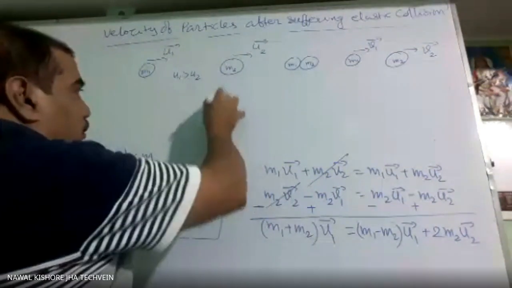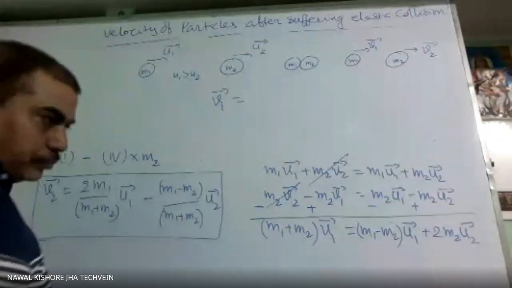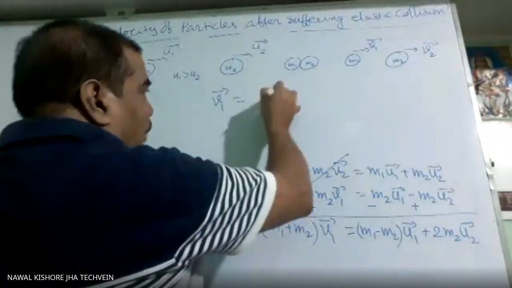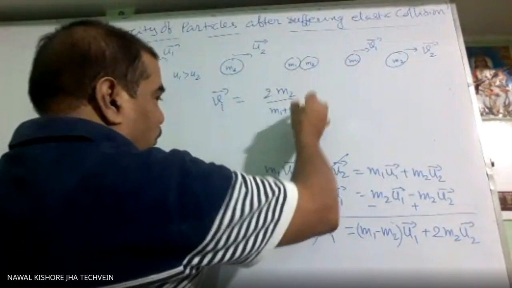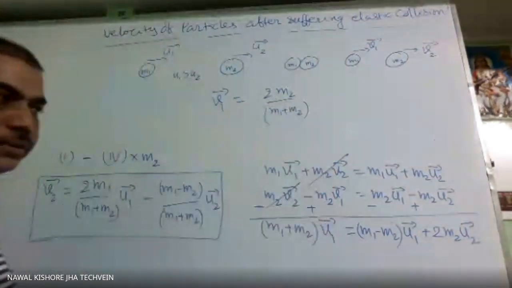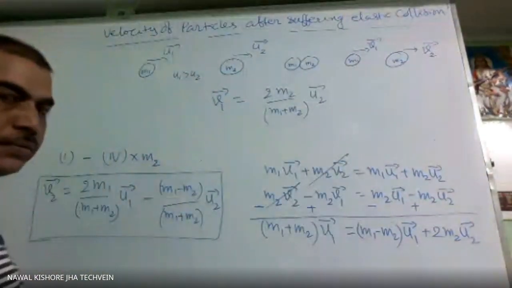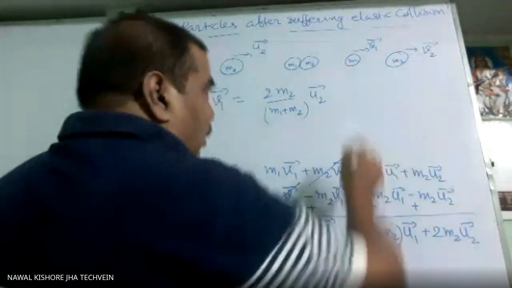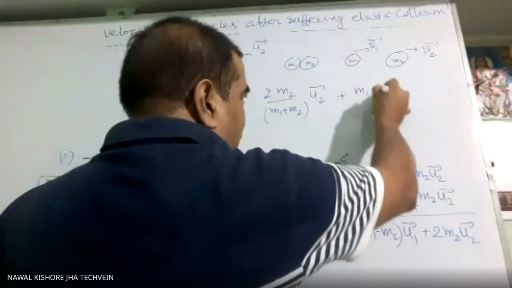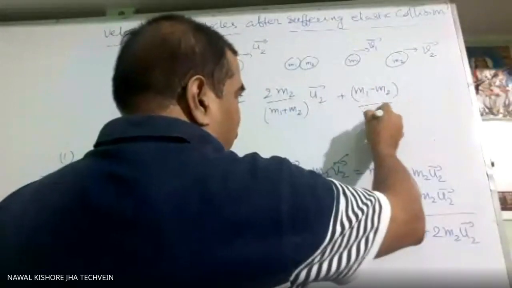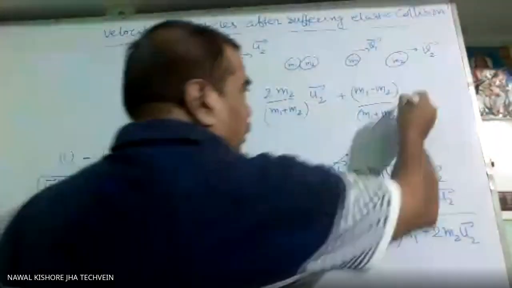So this V1 will be, coming this side, twice M2 by M1 plus M2 U2 plus M1 minus M2 by M1 plus M2 U1.